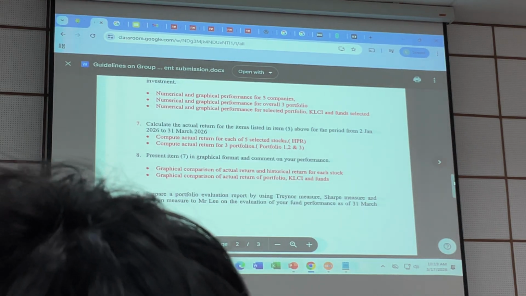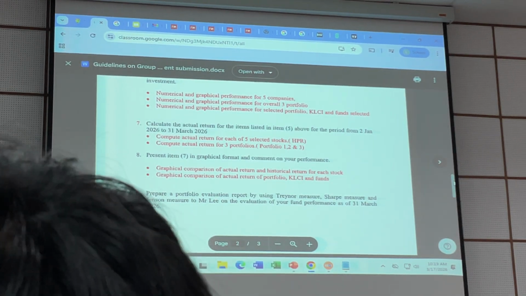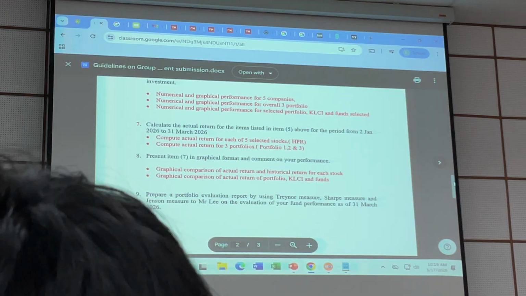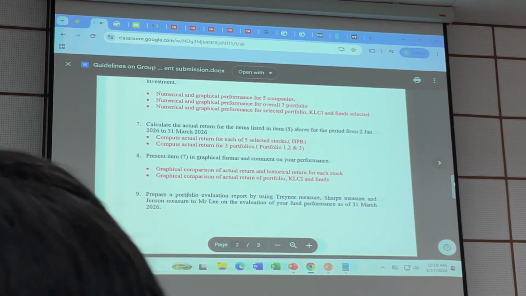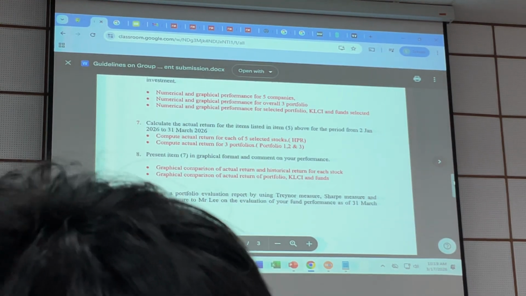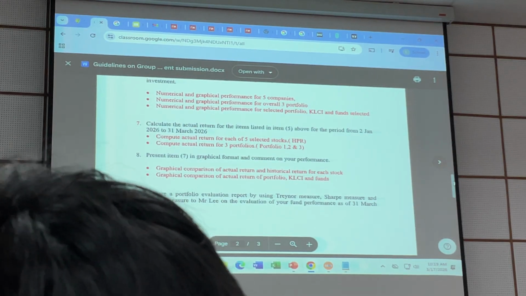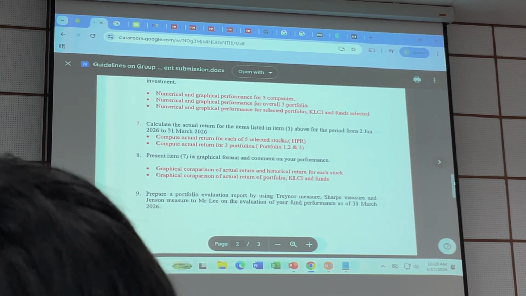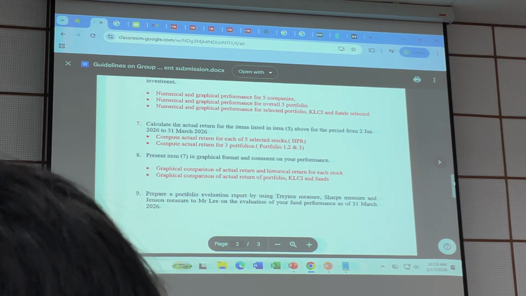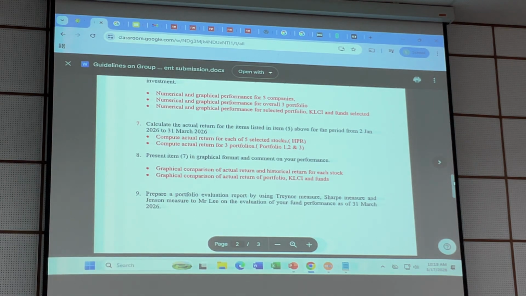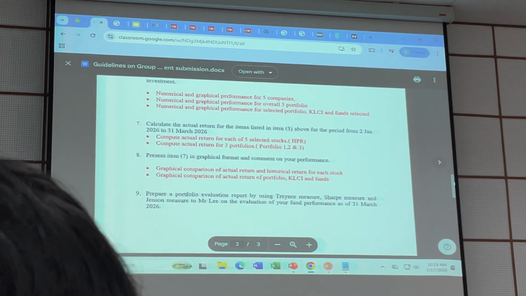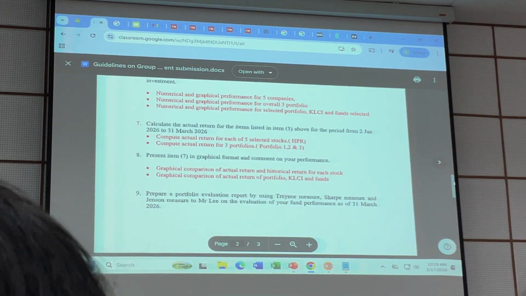Calculate the 5 stocks and the portfolios 1, 2, 3 with the weightage, and find out what actually is the actual return based on the 3 months figures. And based on whatever 3 months figures you have, come out with the drawing, compare the overall performance, compare the individual stocks with the portfolio, with the KLCI and the fund.